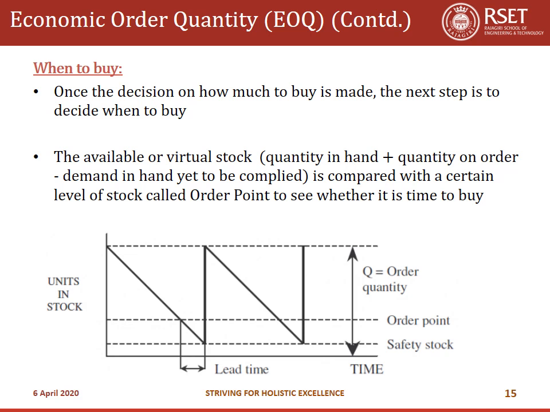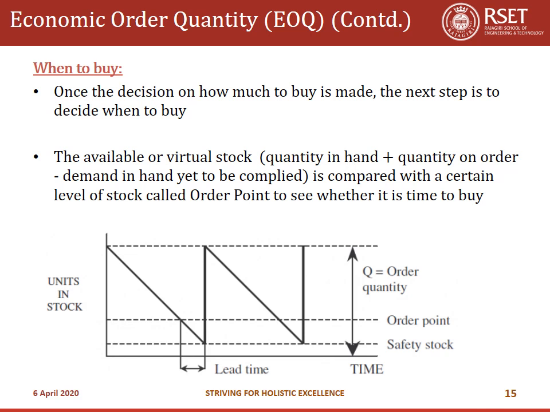That is the amount of products that you have in your hand plus the amount that you're going to procure, minus something that demand means you have already been given orders by your customers, so you have to give it to them. So that is the available virtual stock.